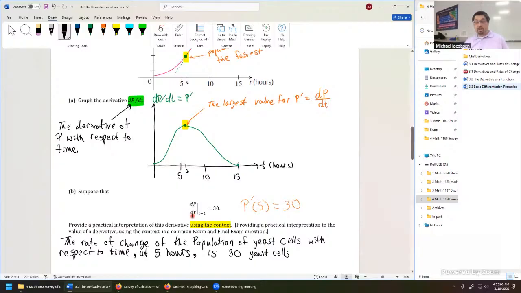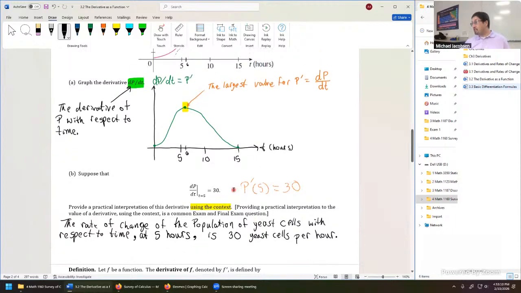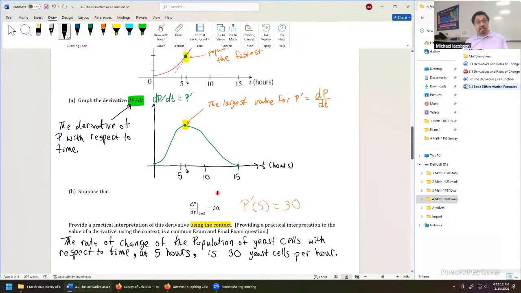Then we take the unit of the denominator, per hour. So that's the rate of change. In other words, if you give a different kind of interpretation, the population is growing at a rate of 30 yeast cells per hour at time 5 hours would be an equally valid interpretation for this derivative.